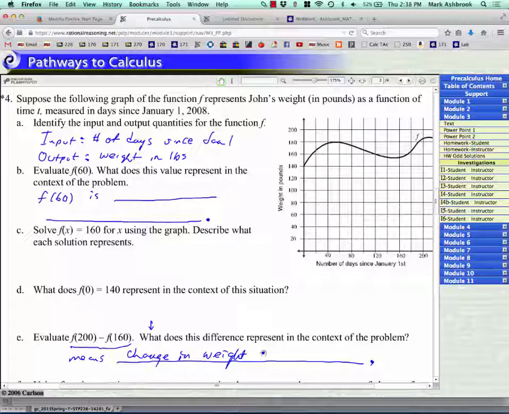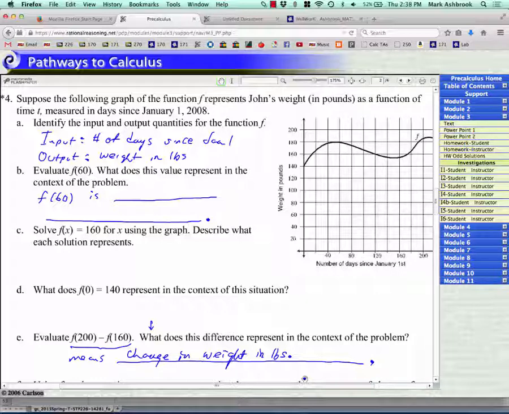So let's finish that off. Which change in weight is it? Freddie, keep going. Any change in weight? It's a very particular change in weight.